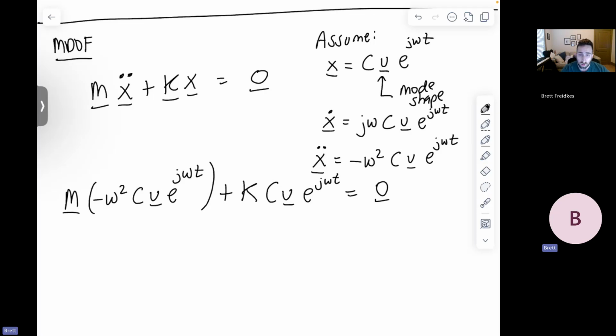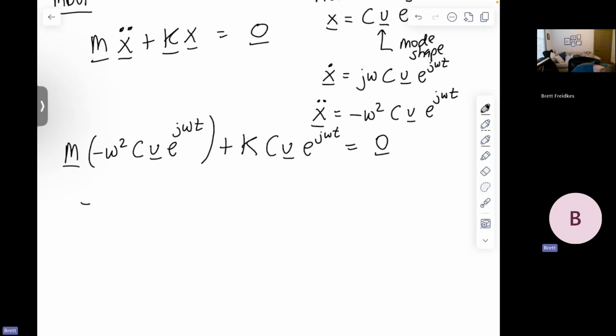Now, like before, we can cancel out some things. These constants are just individual numbers. We can cancel them. And the exponentials we can cancel. They're not matrices. But what I can't cancel are the u's.